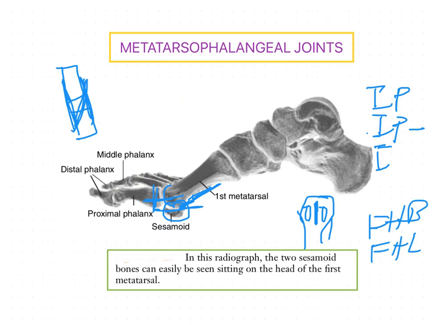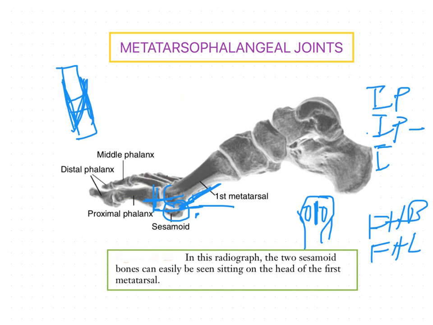At the first metatarsophalangeal joint, there are very thick sesamoid bones and a thick plantar capsule in place of the plantar plates found in the other toes. So at the first metatarsophalangeal joint we find the sesamoid bones and a thick plantar capsule in place of the plantar plates found in the other toes.